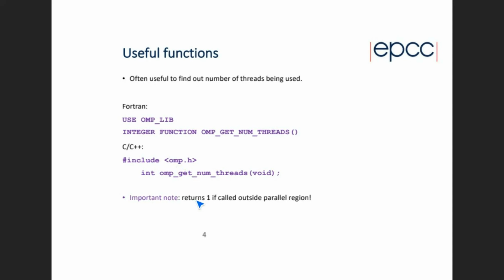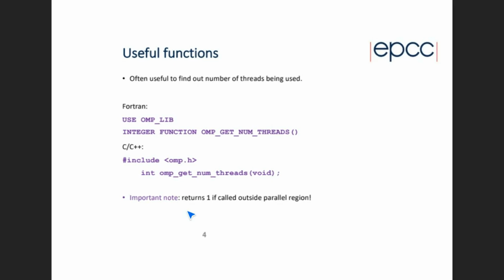If we call this function inside a parallel region, it tells you the number of threads in the team that's executing that parallel region. You can call this function outside of a parallel region, but if you call it on the master thread in the sequential part of the program, it will return the value 1.